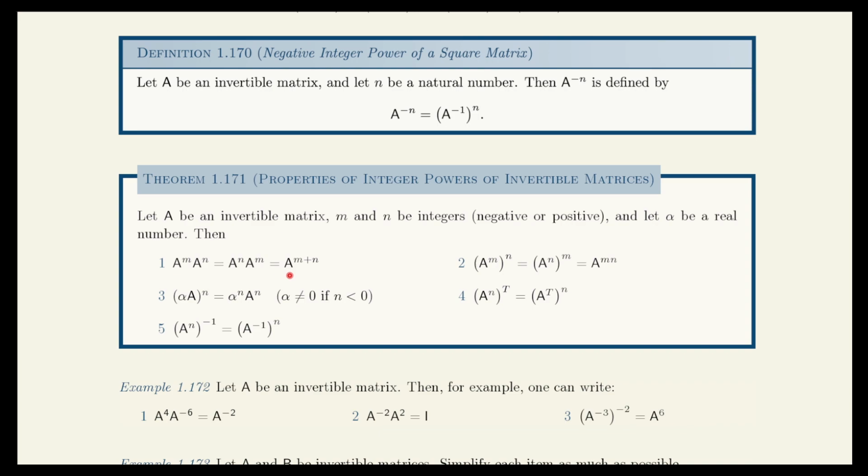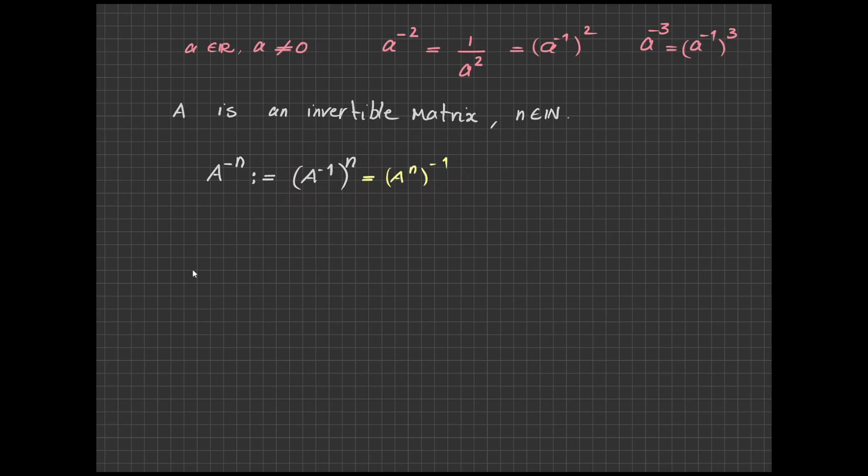for example, let me just try to give an example of this. Here, if I ask you, why do you think this is true? Why do you think a to the power minus 2 times a to the power minus 3 is a to the power minus 5?